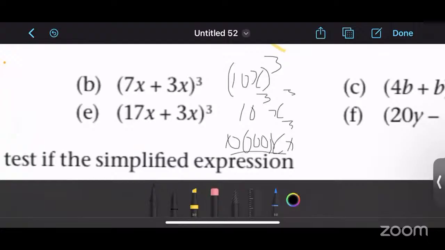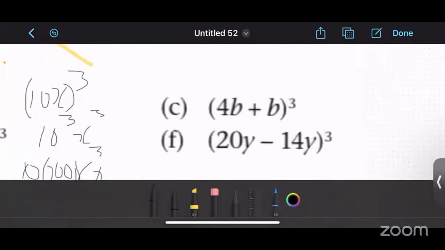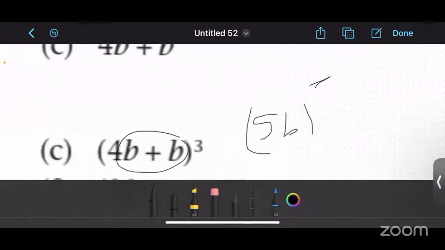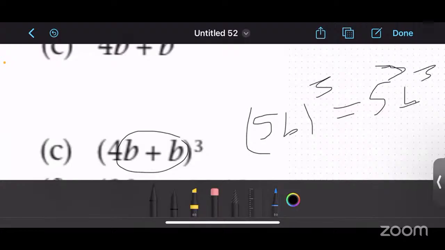And then if we look at C, we have 4b plus b to the power of 3. We're going to solve whatever is inside the brackets, which is going to be 5b, close the bracket to the power of 3, which is going to give us 5 to the power of 3, 5 cubed, b cubed, right?